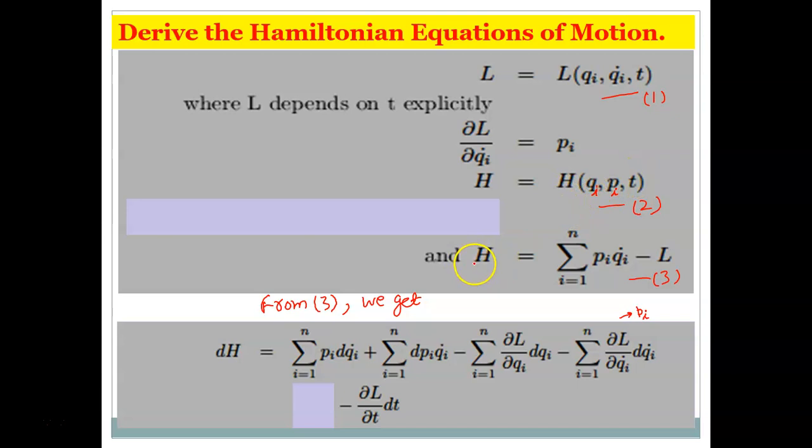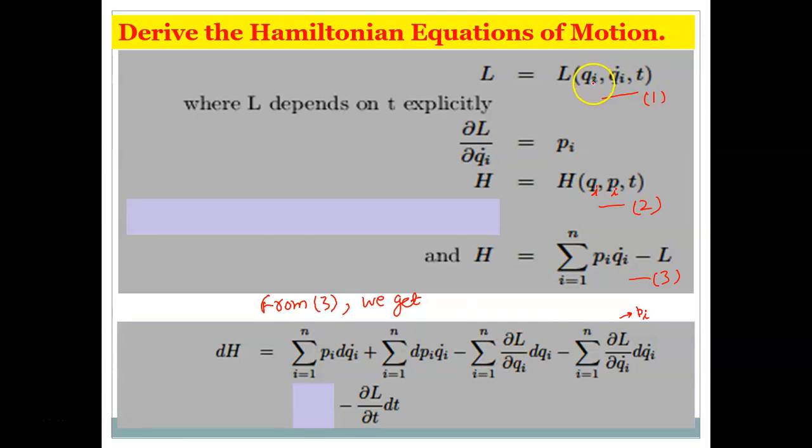Now you know the expression for the Hamiltonian, which we have just proved in the last article: H equals the sum of pi qi dot minus L. Now from 3, if we take the differential of this, we get dH equal to pi differential of qi dot, when qi dot is as such, then dpi is there, minus this L. You know L depends on qi, qi dot and t.